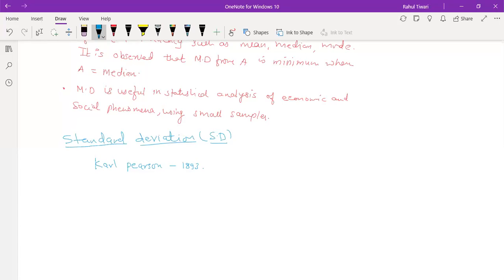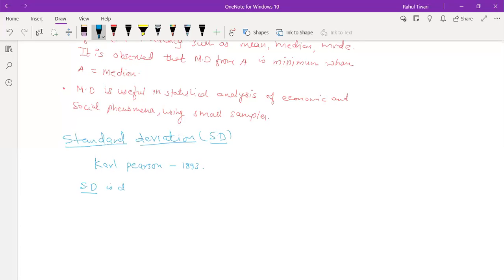Like if you see the range, the quartile range, the mean deviation from median, you take some observations and leave some, you may consider only a few data, you may sometimes take the mod, etc. So there are some problems with the data. But whereas if I talk about standard deviation, in standard deviation we consider all the data. So what is standard deviation?